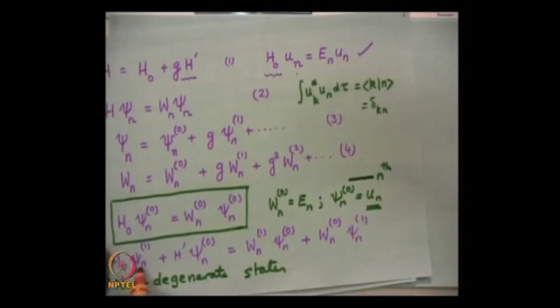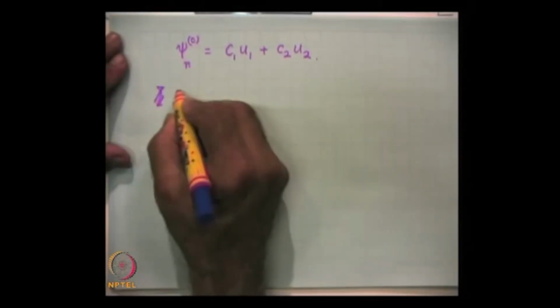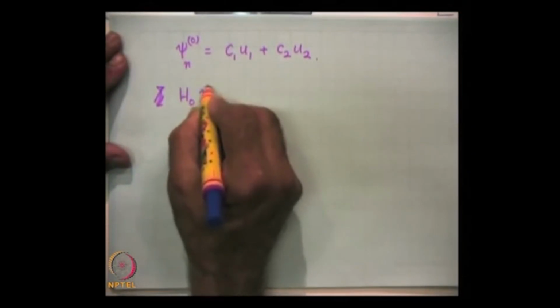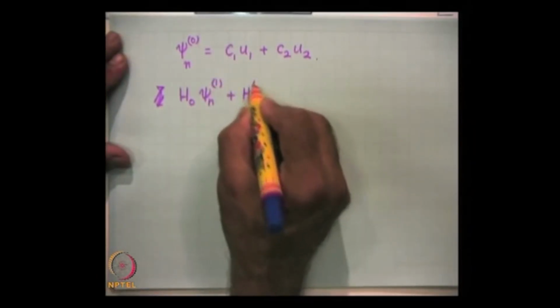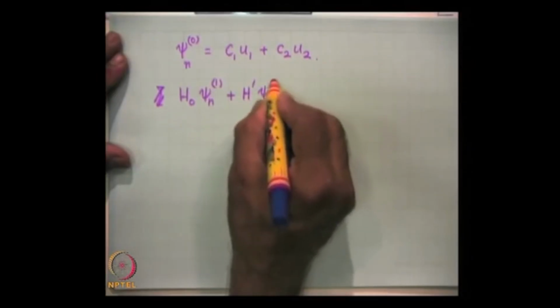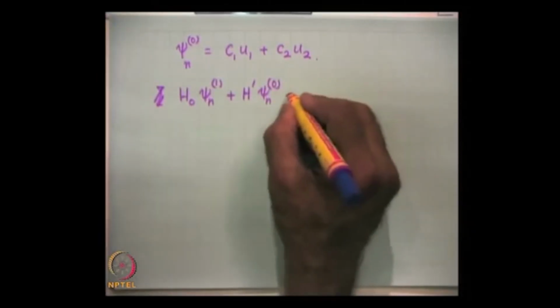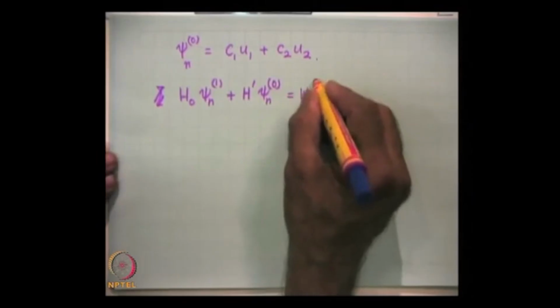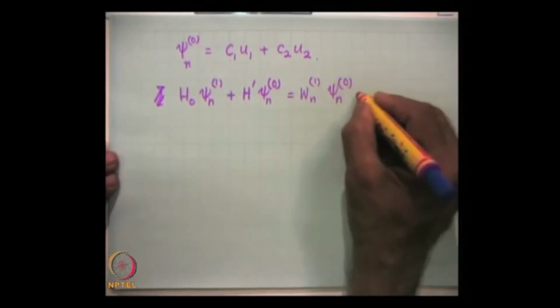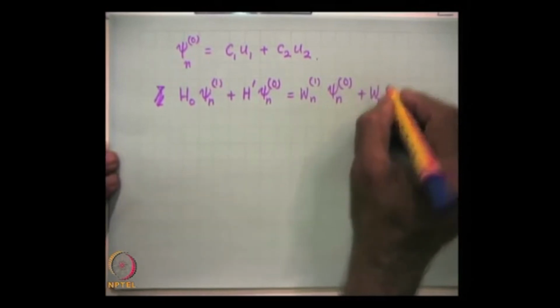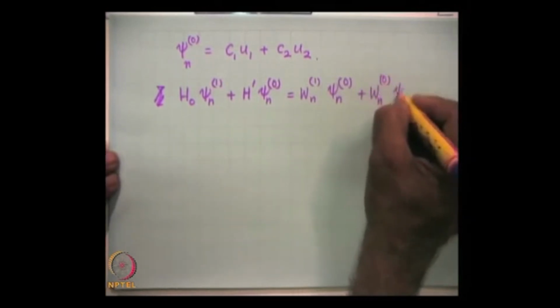Yes, we start with this equation. So, we have H naught psi n1 plus H prime psi n0 is equal to W n1 psi n0 plus W n0 psi n1.